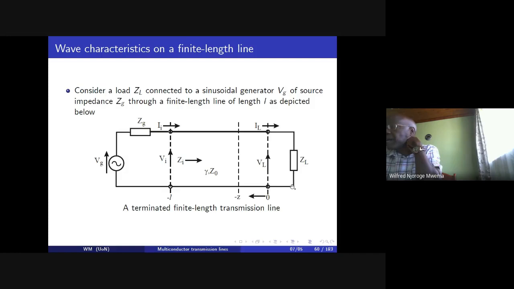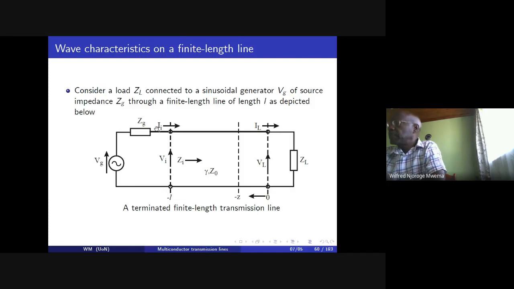Otherwise, if this had a finite length, then this finite length would change what the load sees, or what the wave sees as terminating it. So this is put out there just to clarify, but the load is exactly at the reference plane there, and therefore the voltage across the load is VL, this being a line voltage, and the current going through the load is IL. These are all in phasor form.